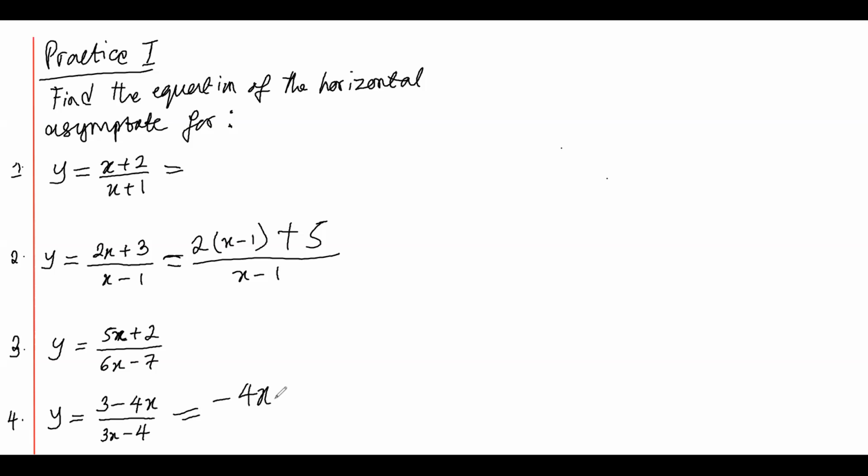So minus 4x plus 3 divided by 3x minus 4. So just the way you treated 5, just treat minus 4. That's all. Understood?